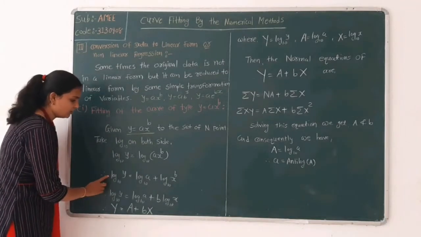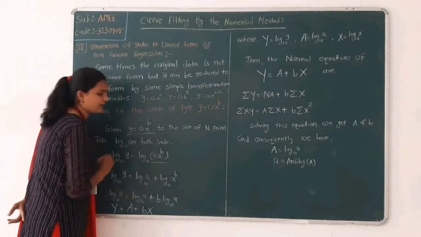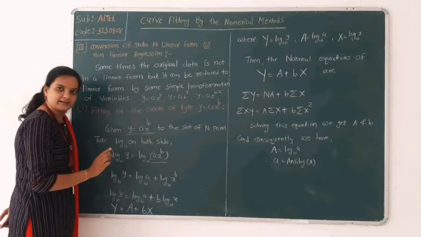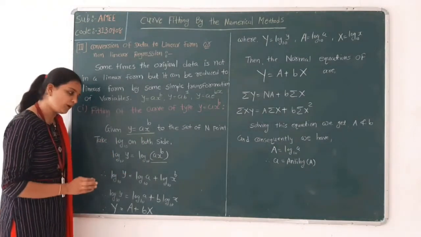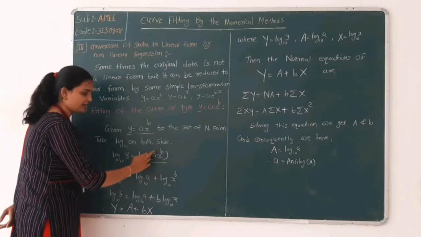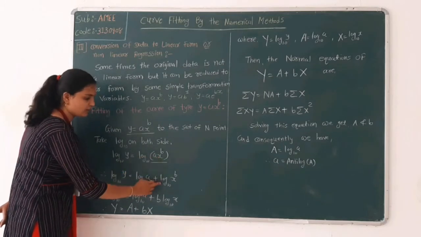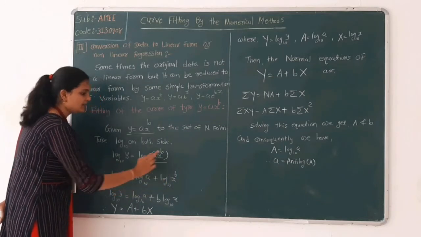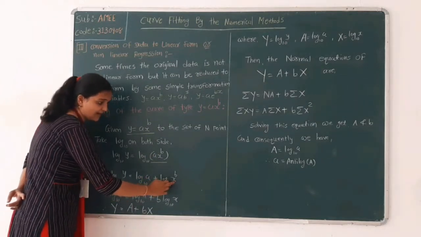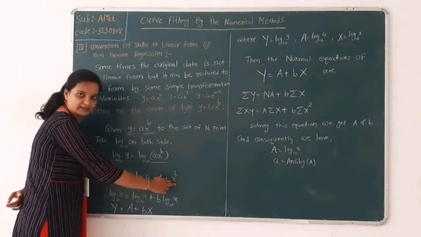Now, therefore, log y equals, we know the law of logarithm: log of a into b is written as log a plus log b. So here log of a x raised to b is log a plus log x raised to b. Now again we know that log x raised to n is written as n log x.